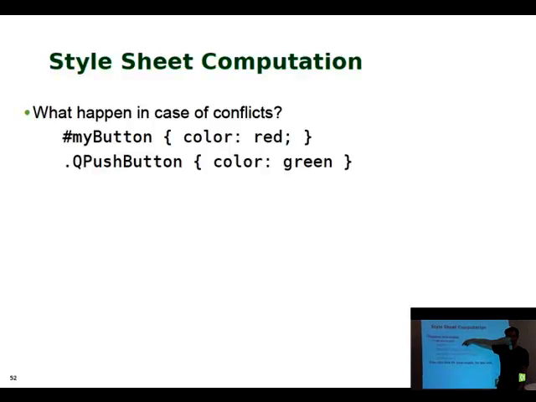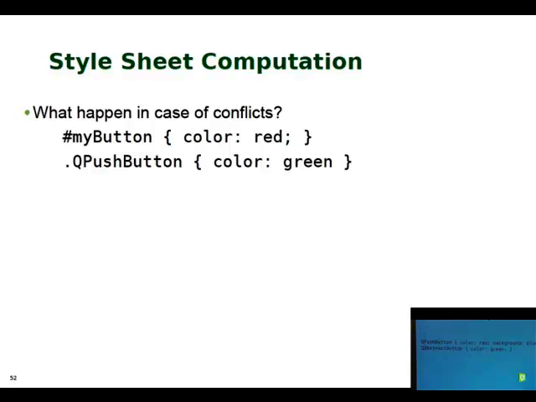First, if you specify an ID, this is the ID. If you specify that the button has a pseudo class, then it's the pseudo class. Then if you specify some other attribute, in that order. If two rules have the same weight, the latter wins.